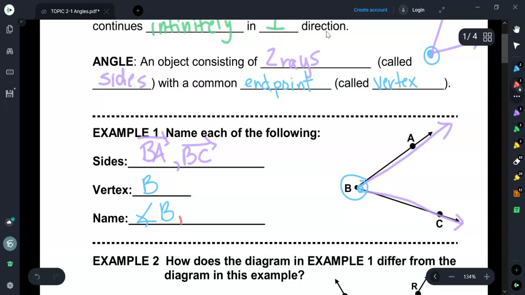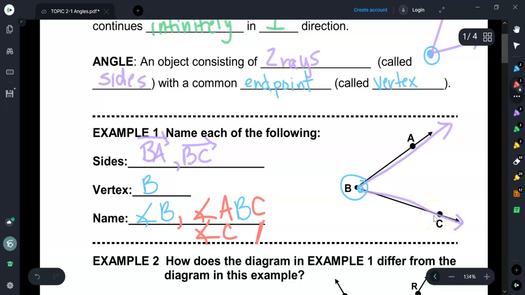Then you have the complete name, which uses all three letters. So the vertex is always the middle letter. No matter what, the B is going to be in the middle. I can call this angle ABC, and the order doesn't matter.